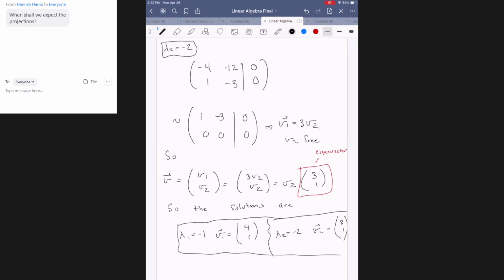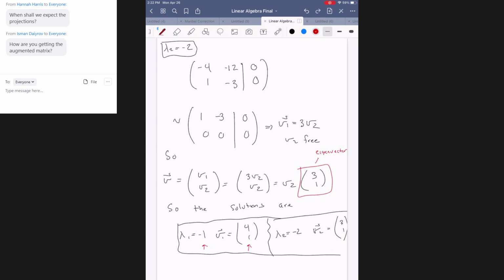Now going back to the original eigenvalue problem, what should happen if I multiply the matrix A onto this vector here? What was the original question I asked? What should happen if I do A times this (4, 1)? It's just going to scale (4, 1) by the eigenvalue, -1, right?